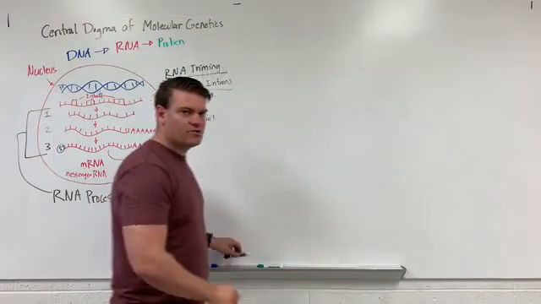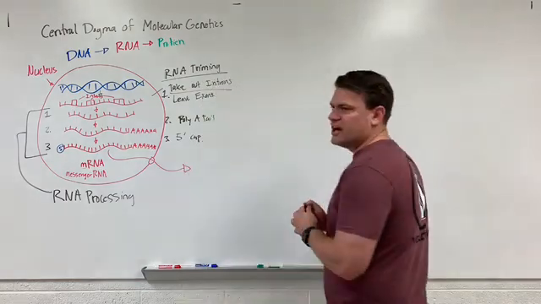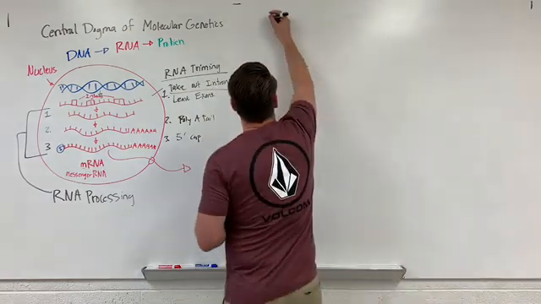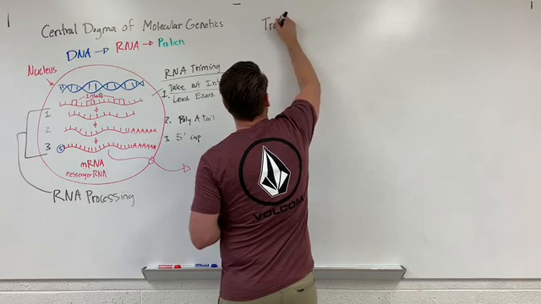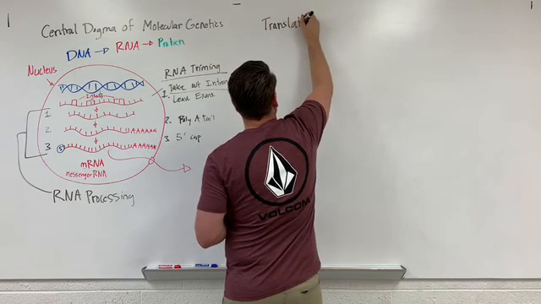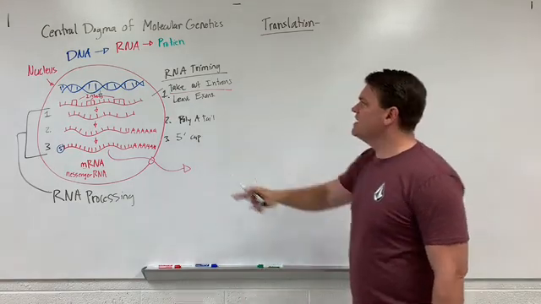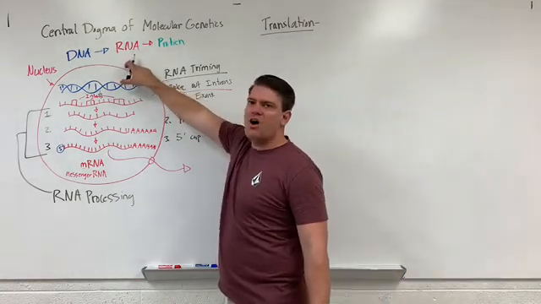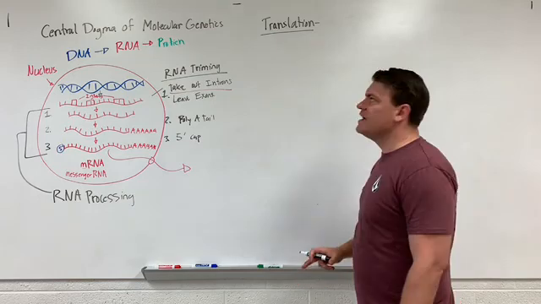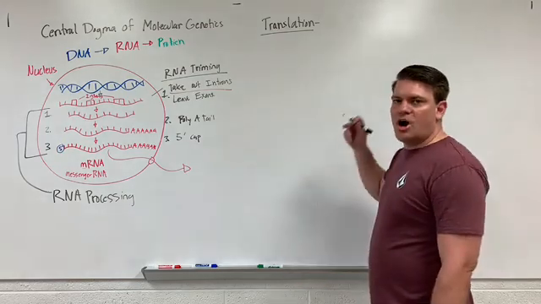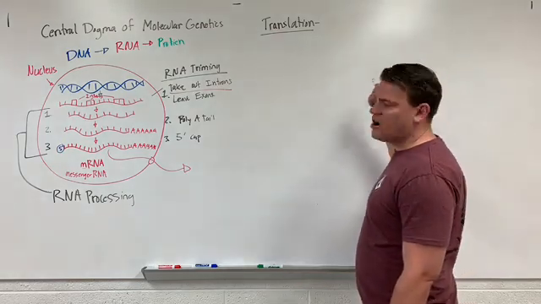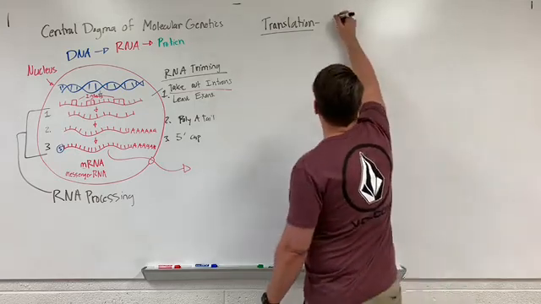All right, so next we're going to look now at translation. So translation is this next part where we're going from an RNA to a protein. And so in translation, our ribosome translates the RNA code into a protein.